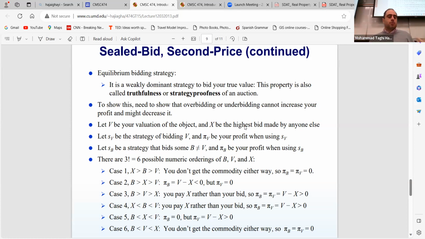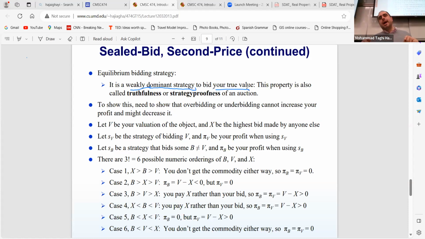This property is called truthfulness or strategy-proofness, things that we discussed. This is important: it is a weakly dominant strategy to bid your true value.